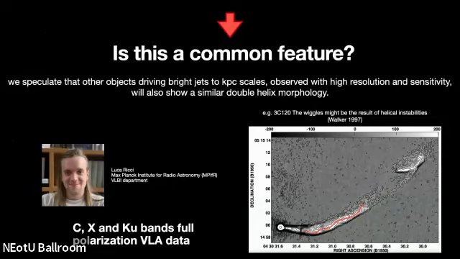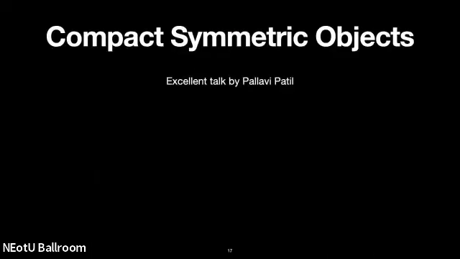Well, we speculate that if other objects are seen with high resolution and high sensitivity, we can also see these features in other objects. So we got a new observation of 3C120, and I'm working with a student, Luca Ricci from the Max Planck Institute, and we have C, X and Ku band full polarization VLA data. So stay tuned for more information.